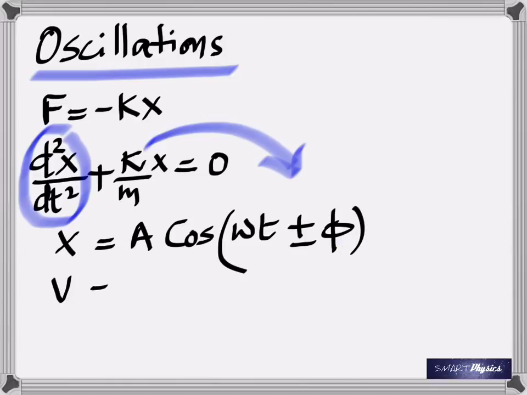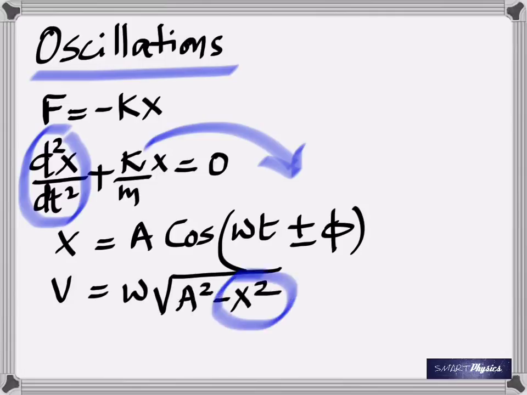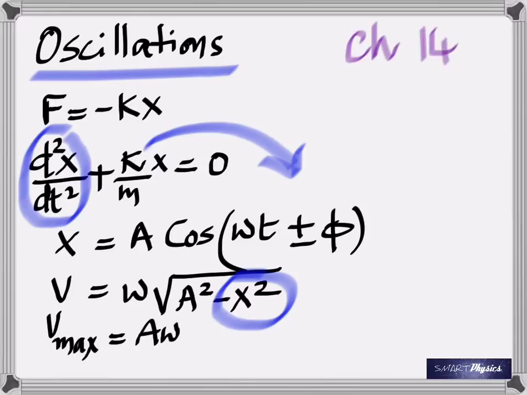You know that. The equation for velocity is omega root a squared minus x squared. I do not know if I've written the equation for maximum velocity, but you know it happens at the equilibrium position, isn't it? And it's going to be a omega. Because at the equilibrium, x is 0, that's why you get square root of a squared is a omega.